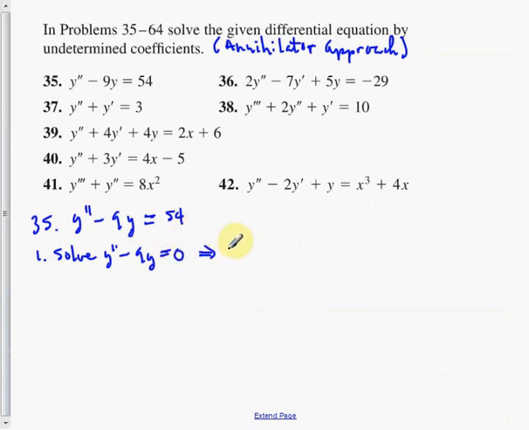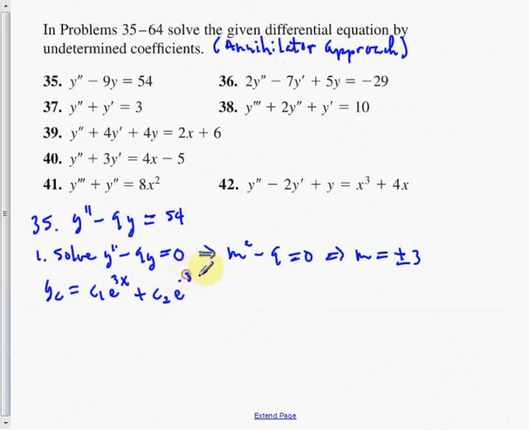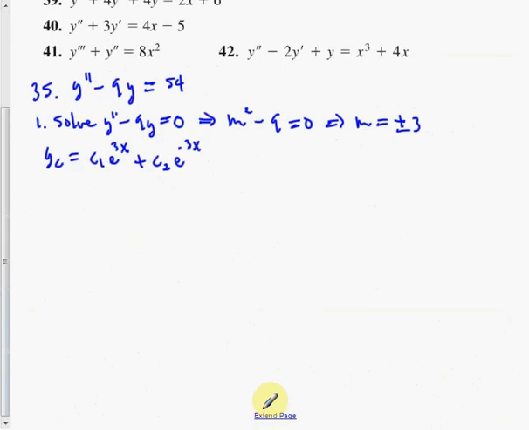This implies that we have m squared minus 9 equal to 0. That implies that m is equal to plus or minus 3. So y sub c is c sub 1 times e to the 3x plus c sub 2 times e to the negative 3x.